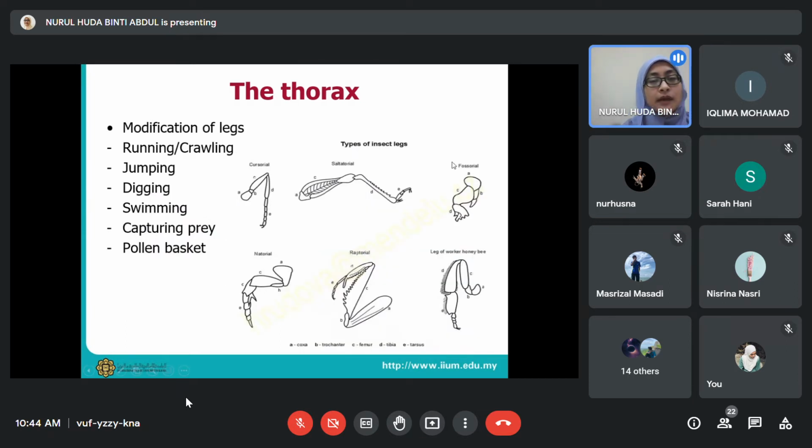Okay, and there are also modifications of legs for running or crawling, jumping, digging, swimming, capturing prey, and also the pollen basket. This is the picture of how the legs look for every modification. For cursorial legs, the easiest to see are on cockroaches.